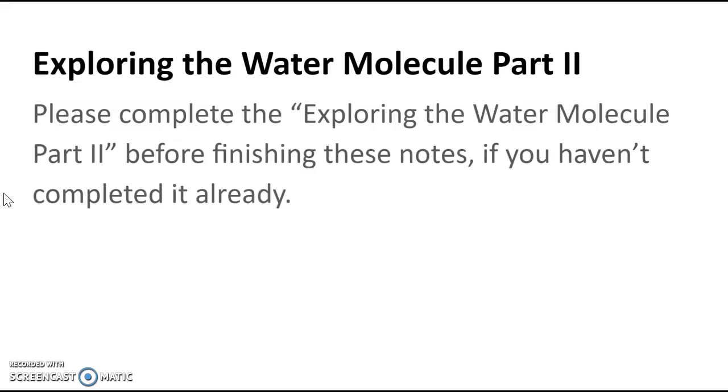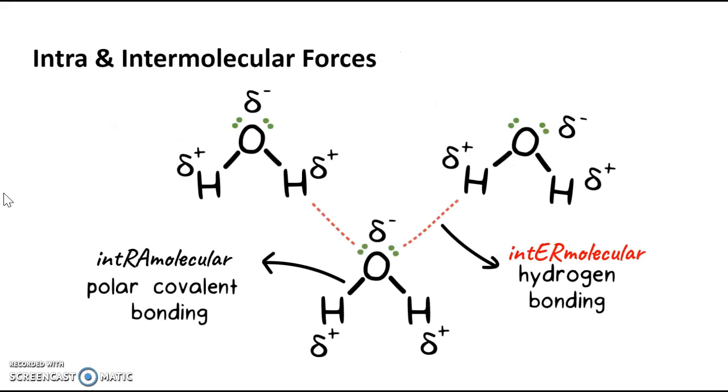There's a little guide worksheet that goes along with that, and it just has you take down some drawings and label some things, and I think it's going to help improve your understanding of how the polarity of the water molecule gives it these really unique properties. So once you've done that, you can go ahead and continue on with these notes. You can just put these in your notebook, write down the stuff in blue as usual, and here we go.